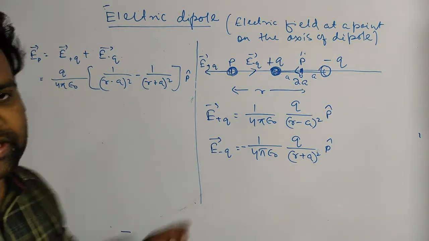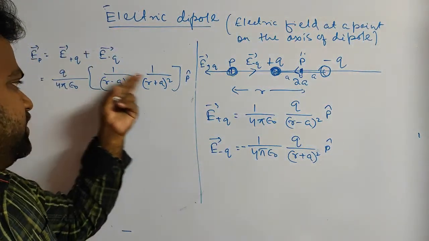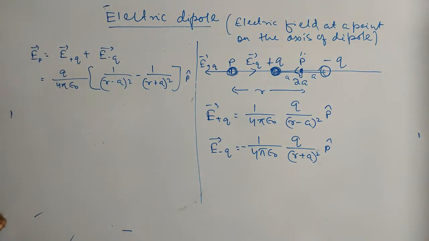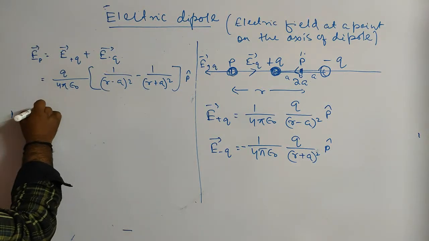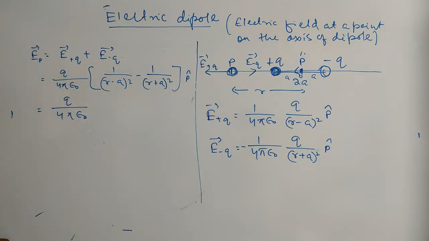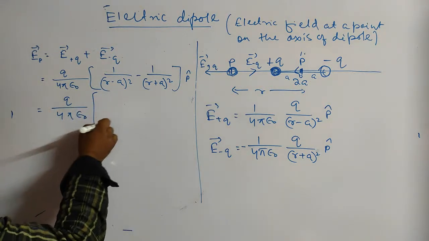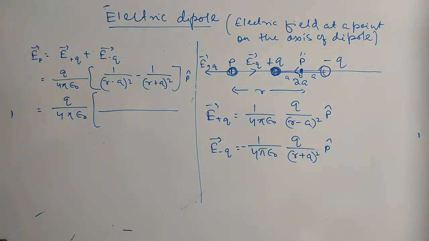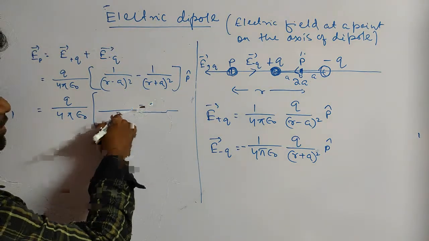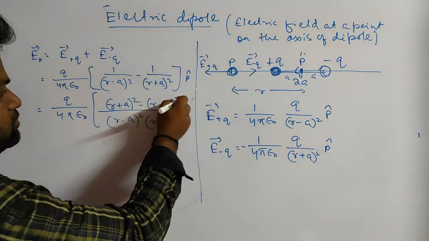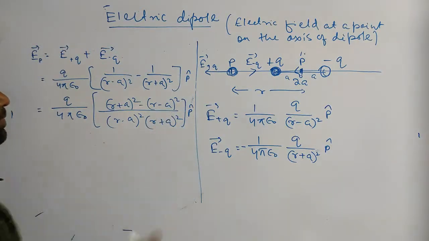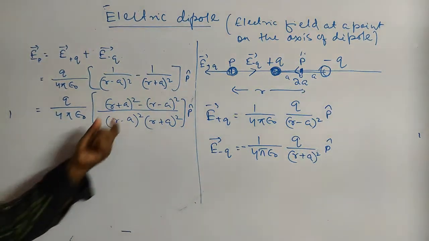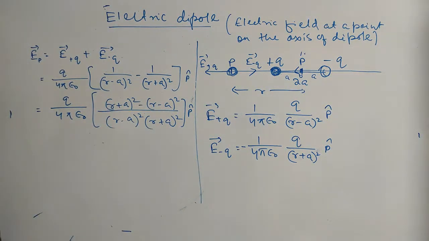Now just we will simplify and you will see what result you are getting. So Q upon 4 pi epsilon naught, right? What will be the LCM? LCM is r minus a whole square times r plus a whole square, p cap. Now you see, a plus b whole square minus a minus b whole square. What will be the result?